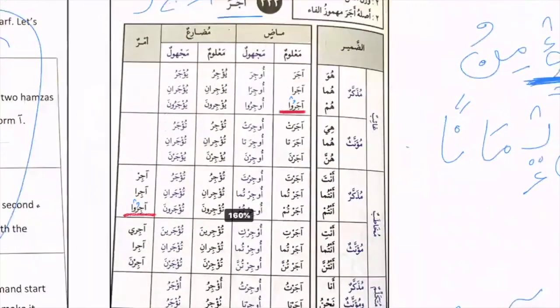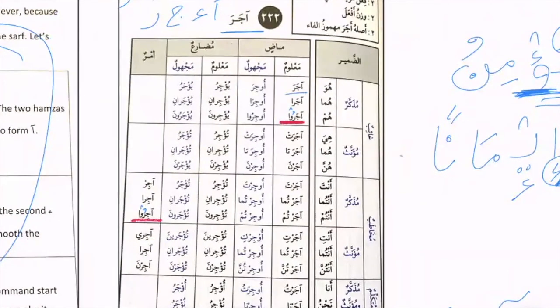Okay. So over here, ajara, ajaru. So jim is getting fatha over here, right? Ajaru.